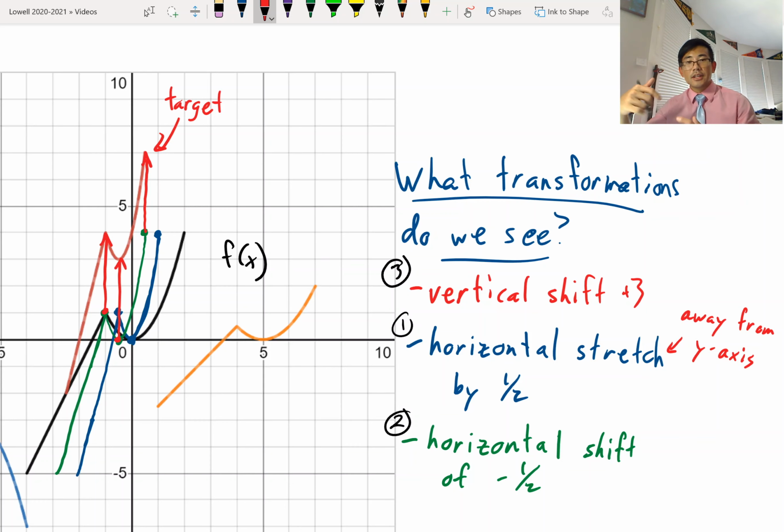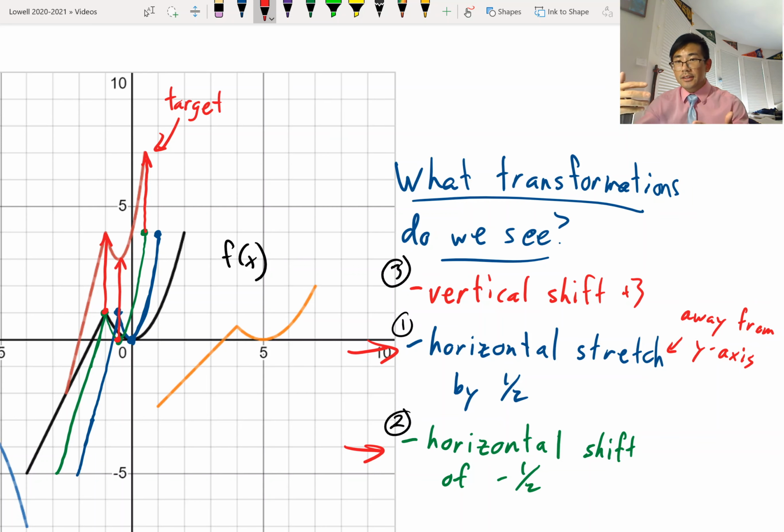Okay, so in a sense, it absolutely matters which order you do the transformations in. Essentially, the parts you have to be careful of is when you have a stretch and a shift that are in the same direction. And by same direction, I mean horizontally or vertically. In this example, you had a horizontal stretch and a horizontal shift. If you do one before the other, the resulting graph is going to look very different.